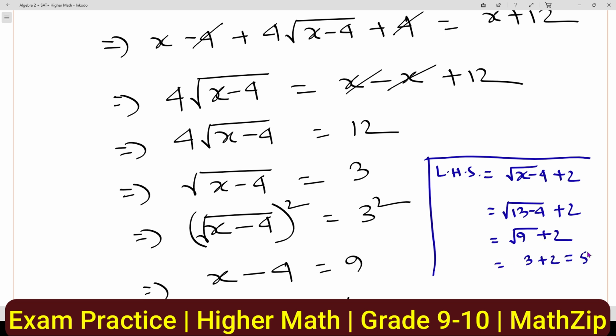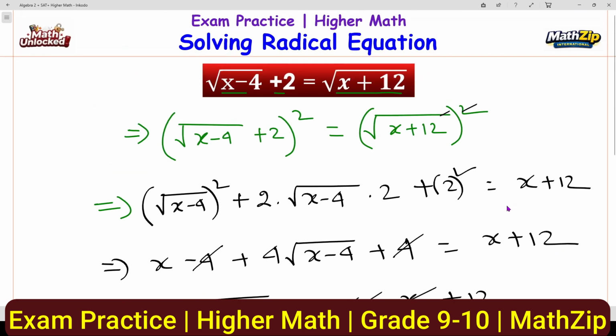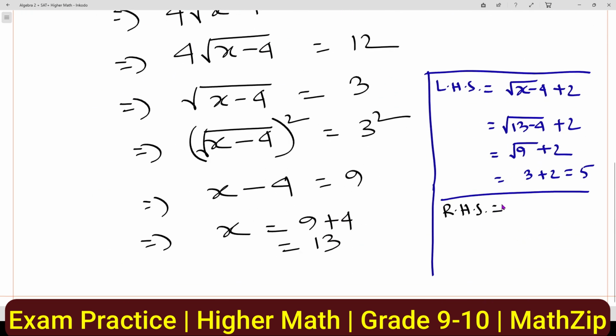The answer is 5. So what about the right hand side? We can write the right hand side, here is √(x + 12). For x we get 13, so 13 + 12, then 13 + 12 is 25, and finally we get 5.